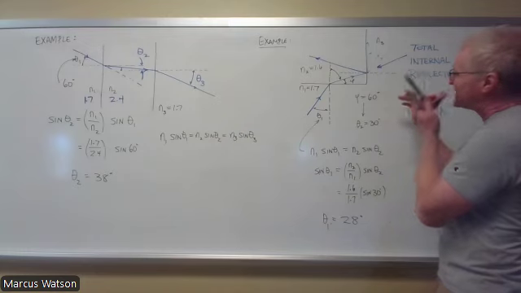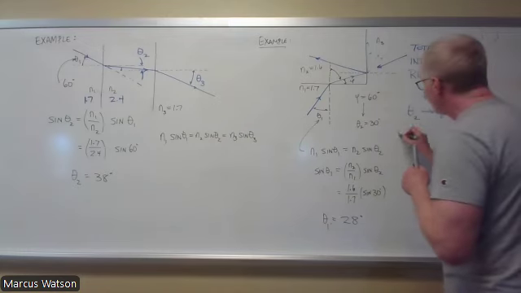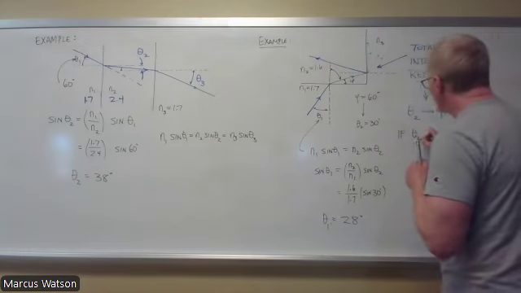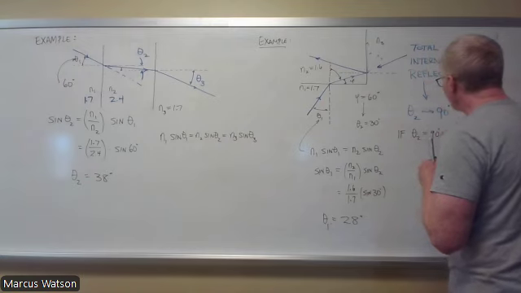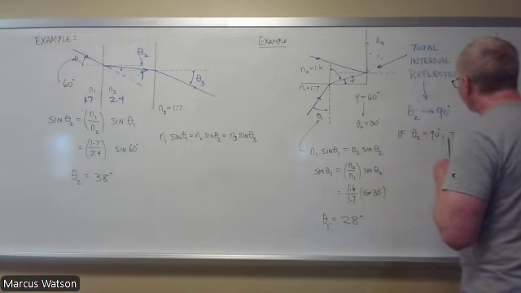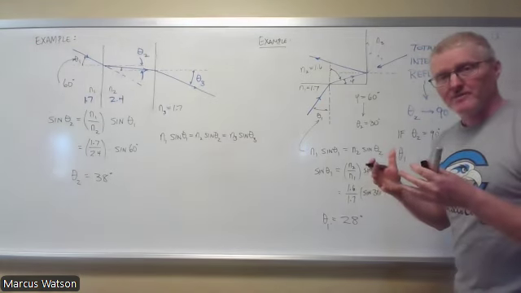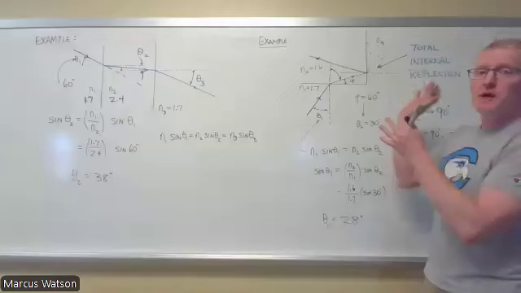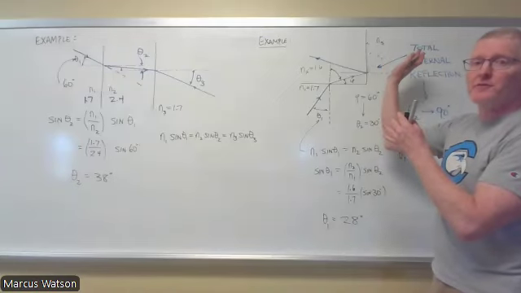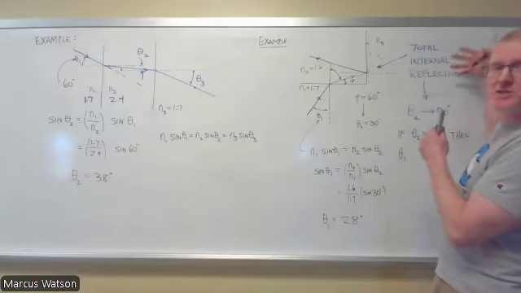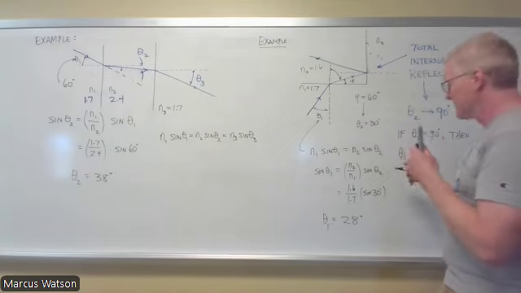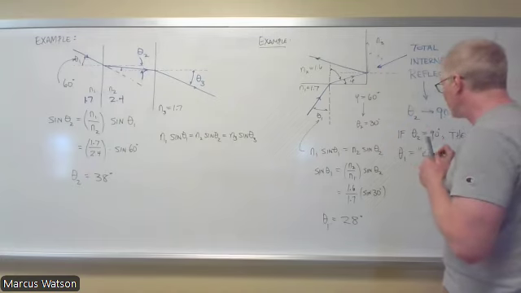But the idea is that if theta 2 is equal to 90 degrees, then what we say is theta 1 is the critical angle. That's the angle at which you have extinguished all of the refraction and you have switched to total internal reflection. Okay, we call that the critical angle.